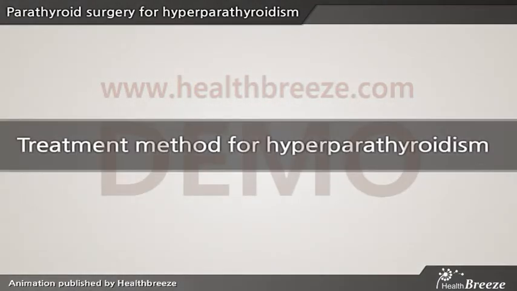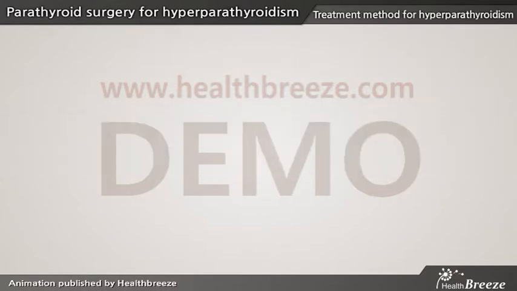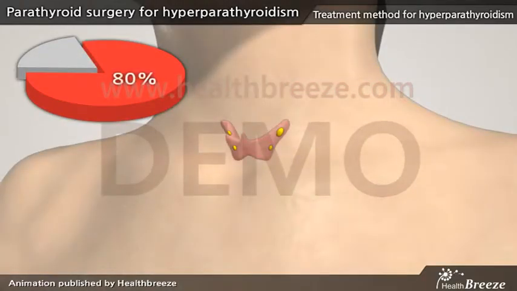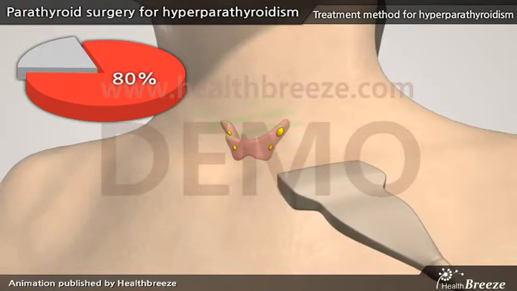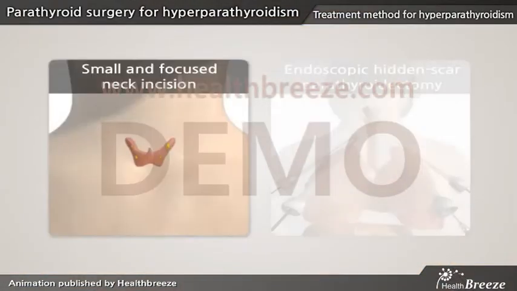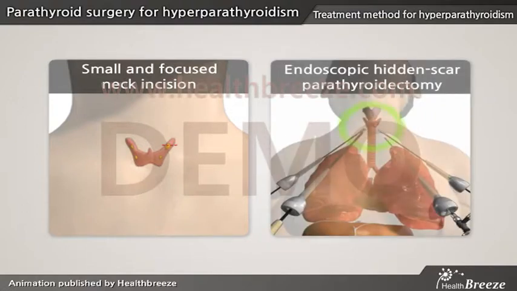Treatment methods for hyperparathyroidism. Since over 80% of primary hyperparathyroidism is caused by a single gland disease, a localization study followed by a resection of the overfunctioning gland, using a small and focused neck incision, can cure the disease. In certain places, endoscopic hidden scar parathyroidectomy surgeries may be performed.